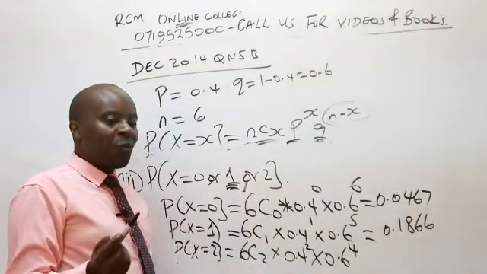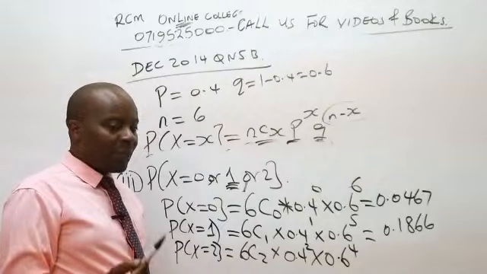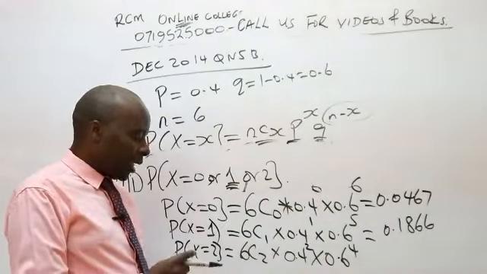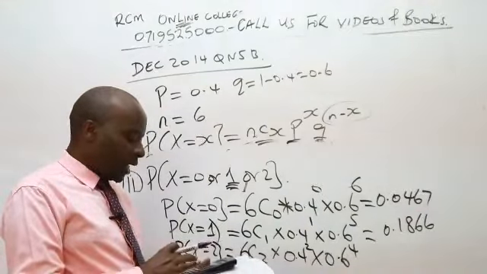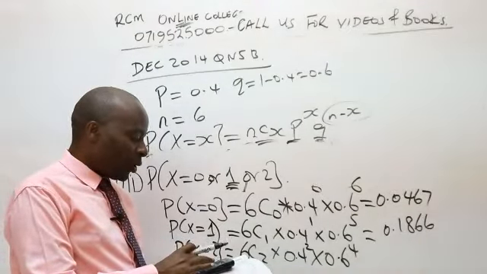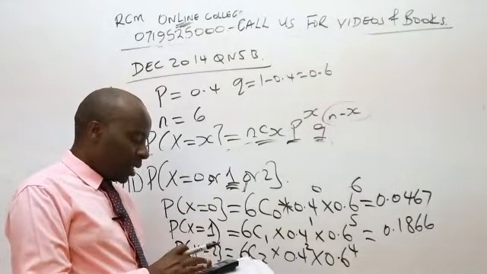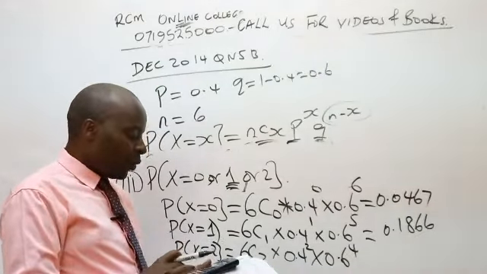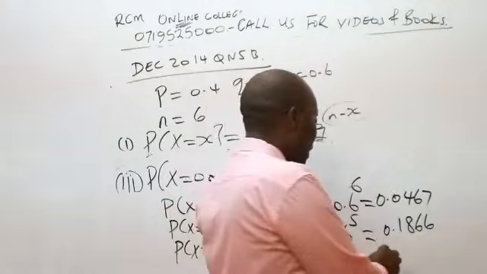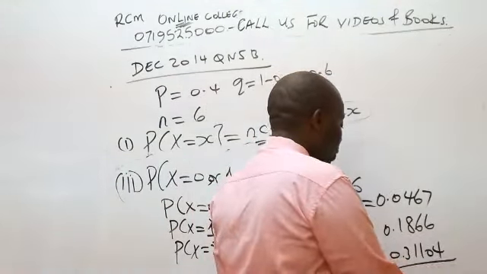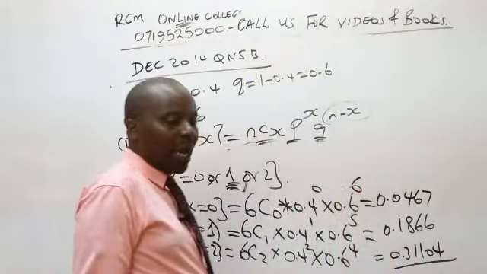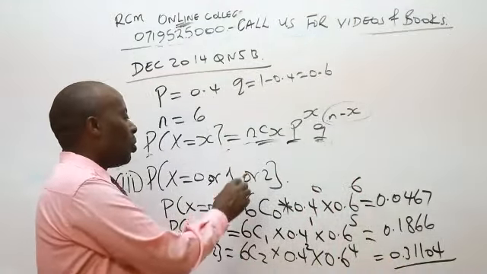The two powers must always add up to n. So this gives us 6 combinations 2 times 0.4 raised to power 2 times 0.6 raised to power 4, which at the end of the day gives me 0.31104.